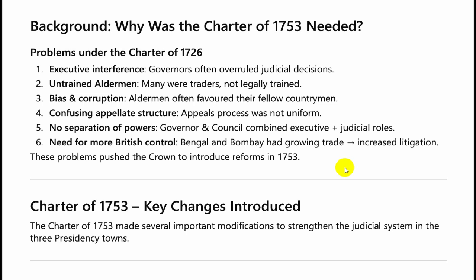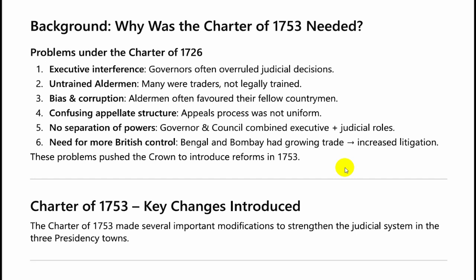There were also accusations of bias and corruption. Mostly these aldermen would favor their own countrymen, the Britishers. The appeal system was also very confusing. The structure was there, but the process was not uniform through all the three presidencies.